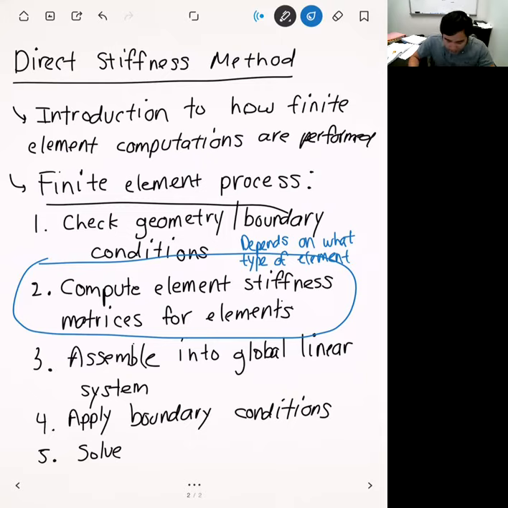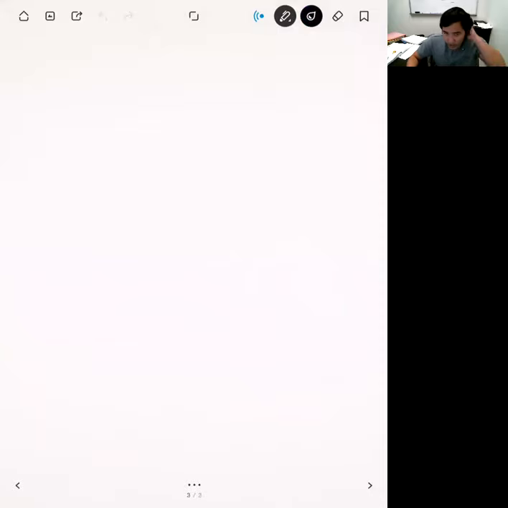All right, and so with that, let me take a look at this global linear system, so that we can talk about what goes into each of those terms, because I think that's really important to understand conceptually. When we have a global linear system, or even an element system, we have something that looks like the following. We have a vector by itself, which we call the right-hand side forcing vector.